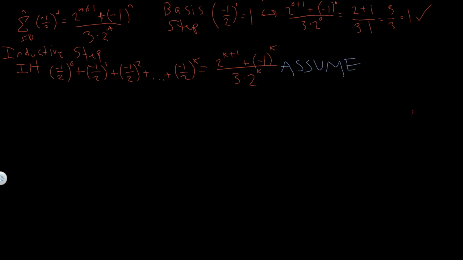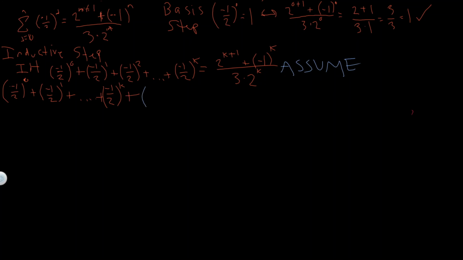So I'm going to say what I want to show is next. So I'm going to show that negative 1 over 2 to the 0 plus negative 1 over 2 to the 1 plus all the way up to negative 1 over 2 to the k. And then I need to add my next iteration, just like the last problem.